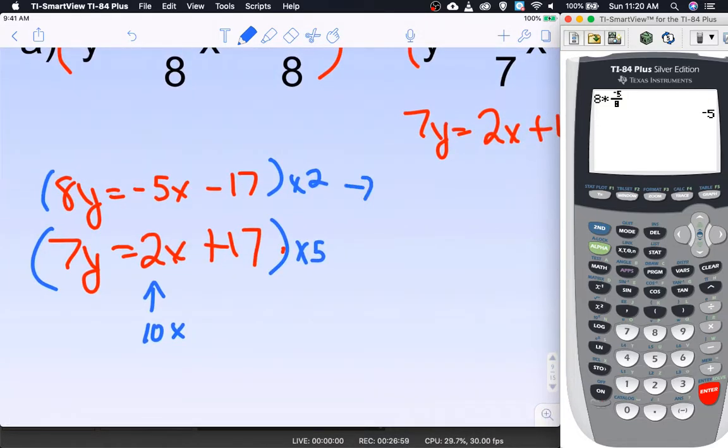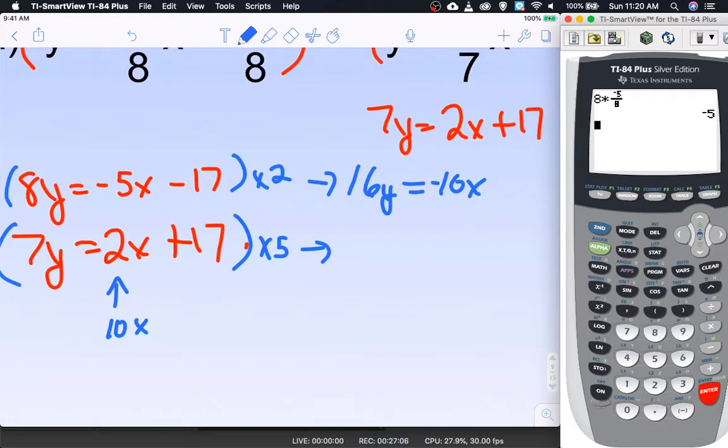Here's what it's going to look like: 16y equals negative 10x minus 34, over 35y equals 10x plus 170.